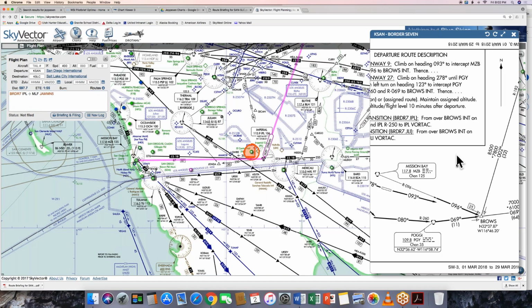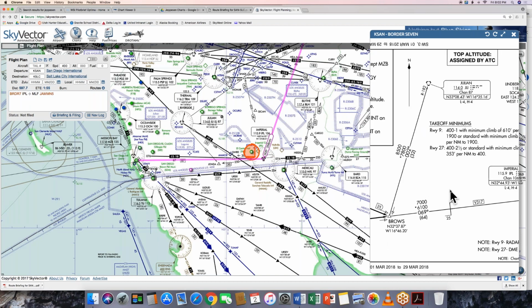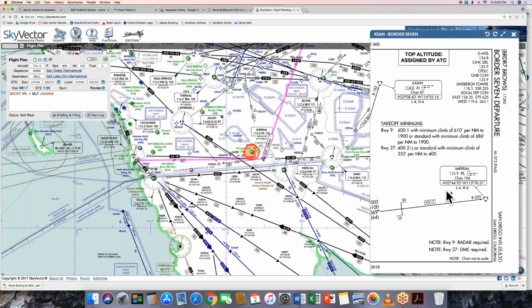Looks like IPL is, according to SkyVector, the only transition point.